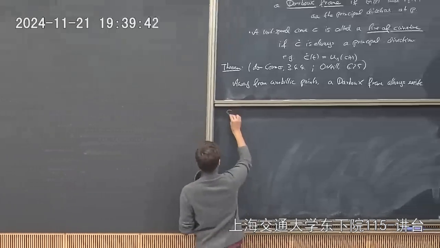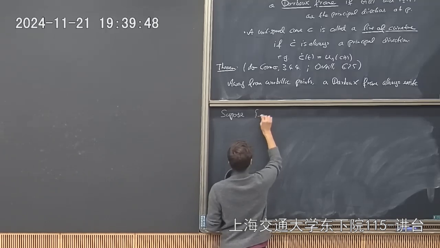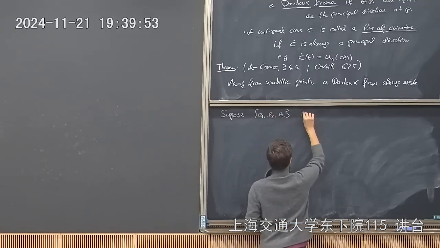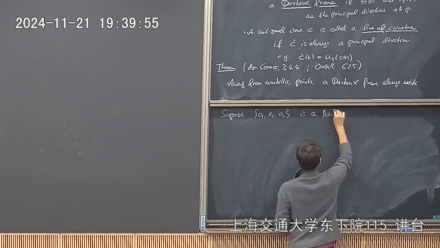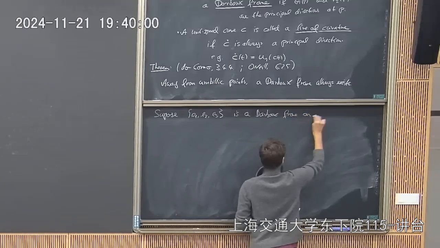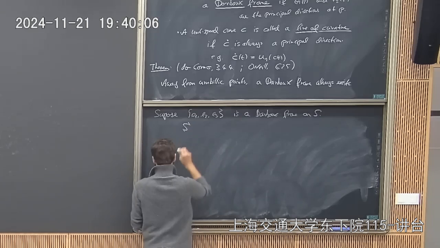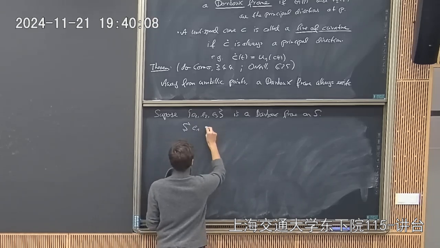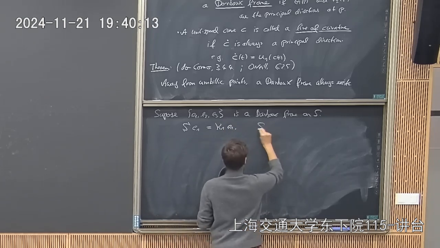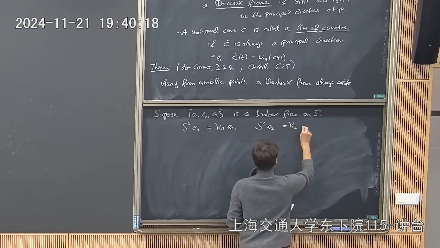So suppose we start with a Darboux frame. So E1, E2, and E3 is a Darboux frame on S. So that means we have S applied to E1 equals kappa 1 E1, and S applied to E2 gives you kappa 2 E2.